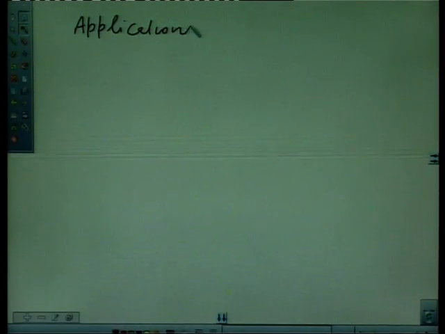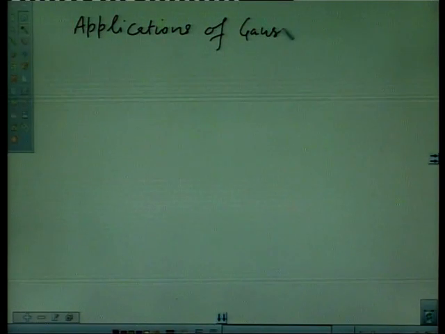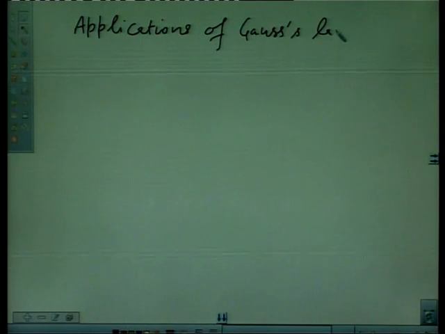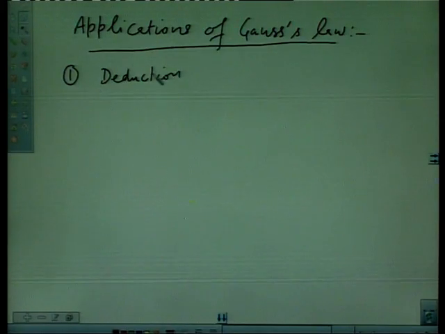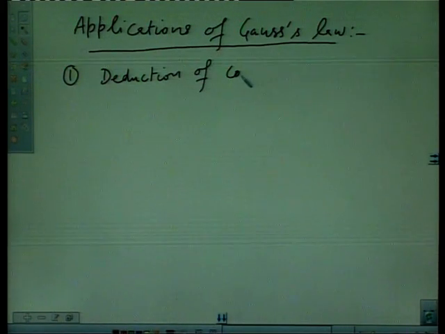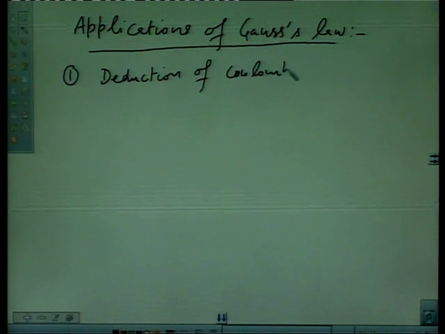Now, next we come to the applications of Gauss's law. There are mainly two types of applications. First is deduction of Coulomb's law from Gauss's law.